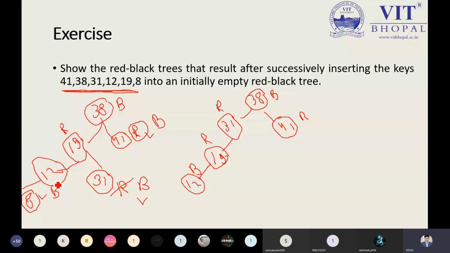But if at the same level the siblings are red, but finally it is noted down that on the other subtree or other part, it is already part of the leaf node, it can't be red, it should be black, like the 41. So we have done this one.